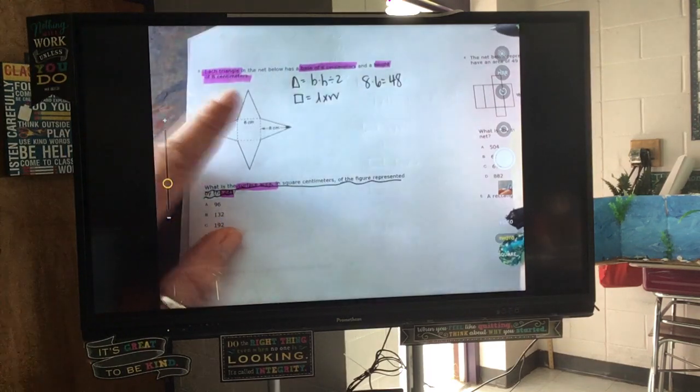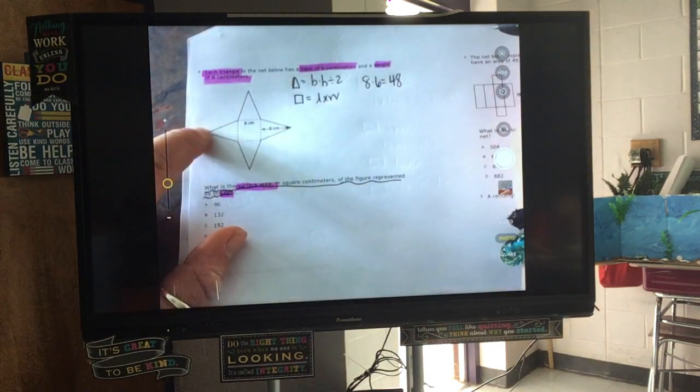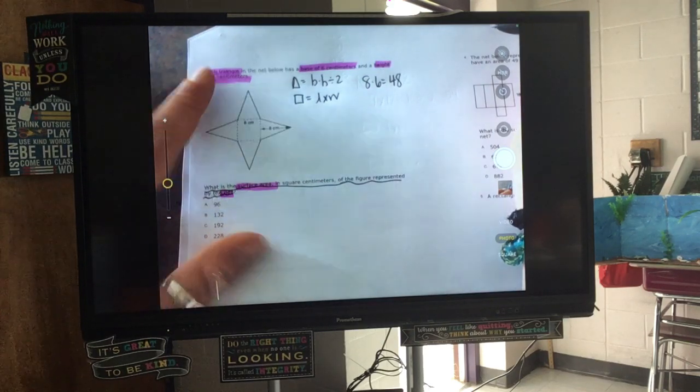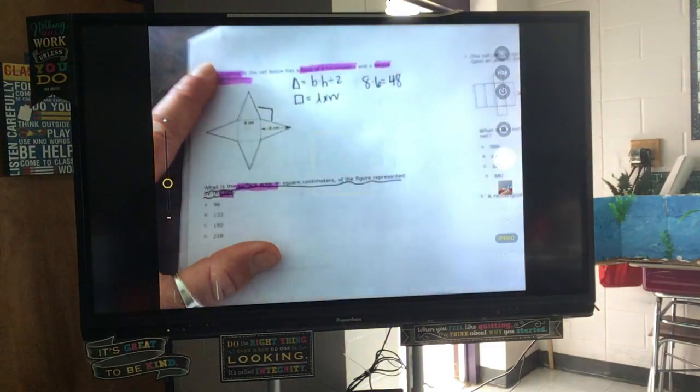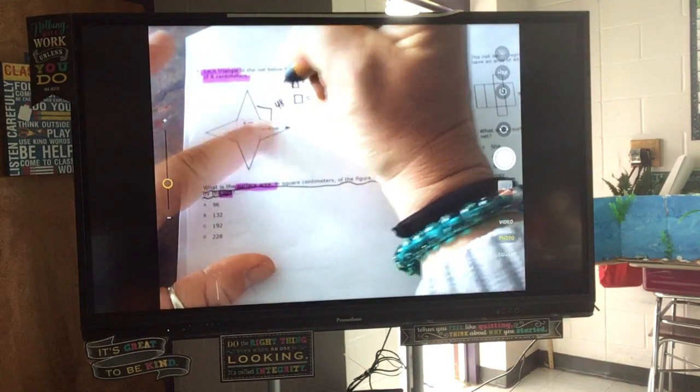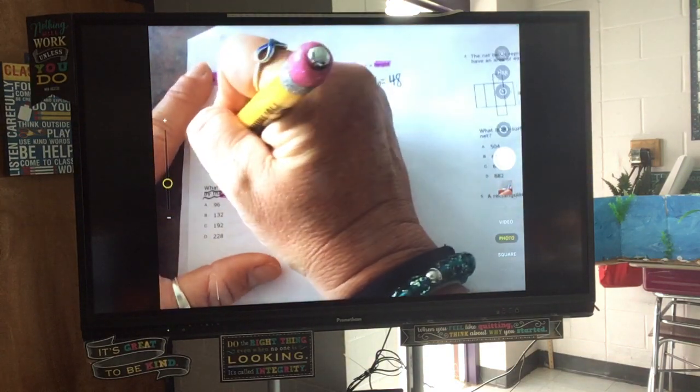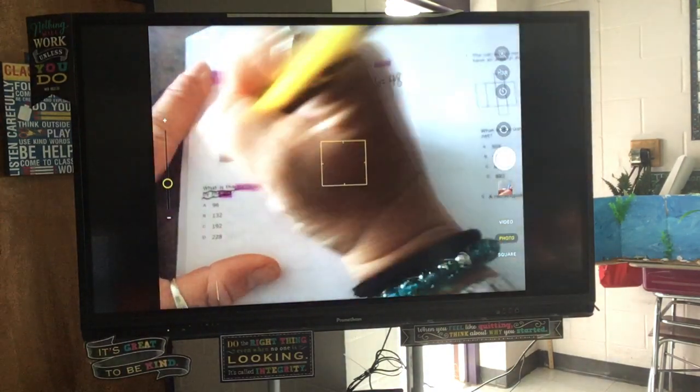So are you telling me that each one of these is 48? I mean, the area isn't, because you have to divide by 2. Okay, so technically 2 of these together are 48. So this is going to be 48 for both of those, so then what do I know about both of these? Those are going to be 48.